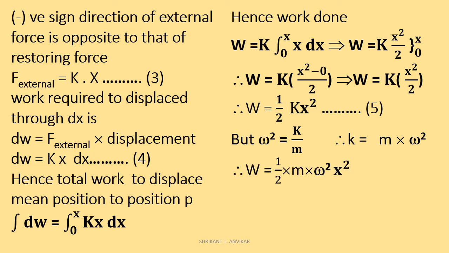This work done is stored in the particle in the form of potential energy. Therefore the potential energy of the particle is given by the formula 1 by 2 m omega square x square.